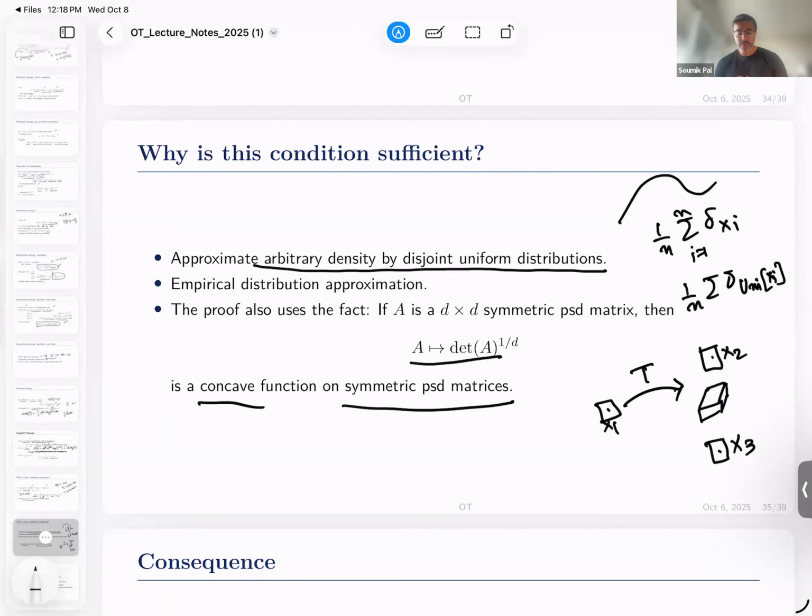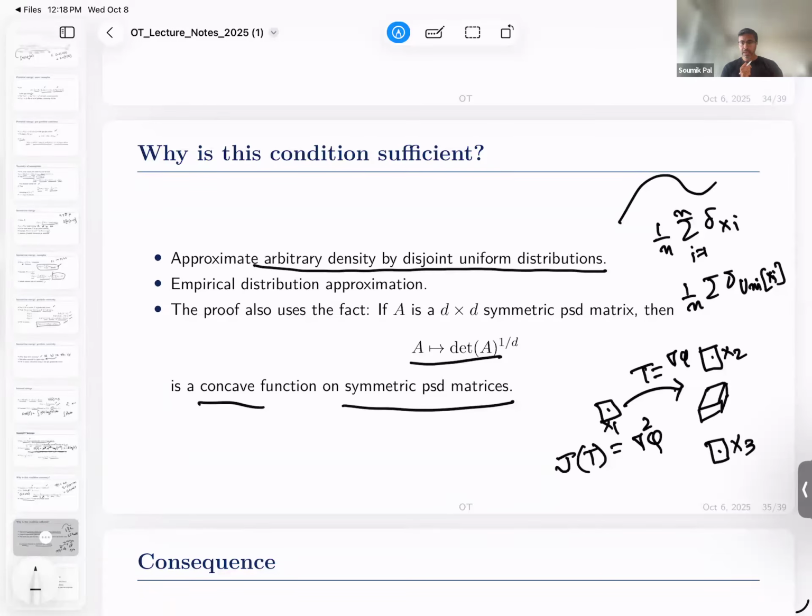Why do I always get symmetric positive definite matrices? Because this T map is given by the gradient of a convex function phi. And so the Jacobian of T is nothing but the Hessian of the convex function phi. The Hessians are positive semi-definite and symmetric. Once again, the fact that Brenier's theorem characterizes these maps as gradients of convex functions is used critically in this proof.